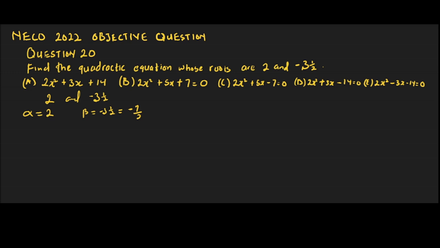Now, to construct a quadratic with given roots, we can make use of x squared minus the sum of roots, plus the product of roots, equals 0.